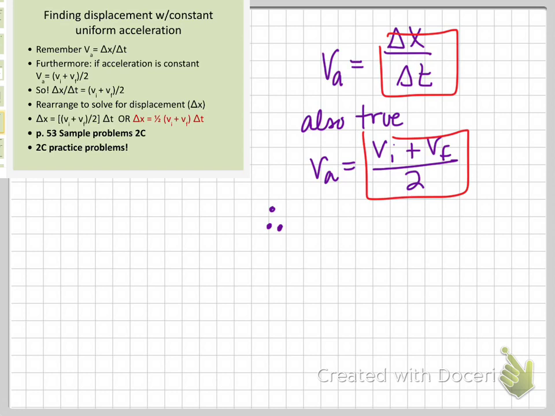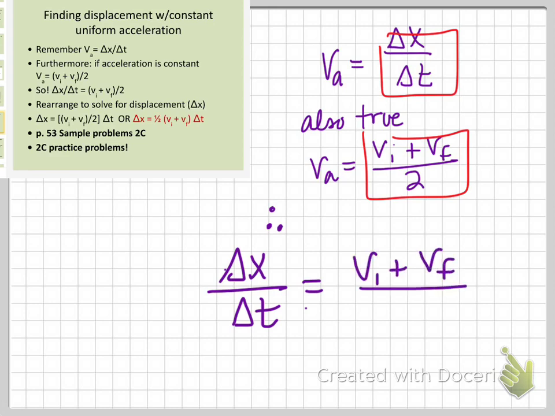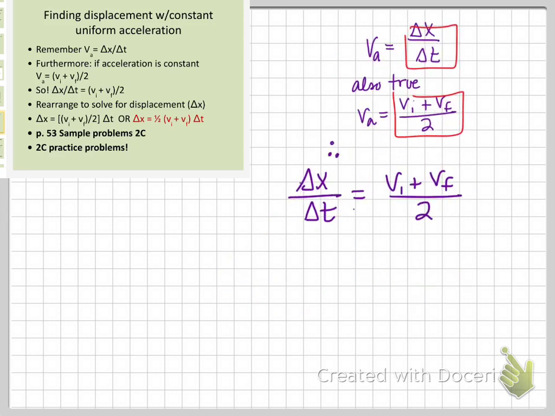We can also say that it is true that delta x over delta t equals (vi plus vf) over 2. So what we can then rearrange to do, the standard form of this I'll give you, we could rearrange this to solve for any of the factors in there. The standard form that you'll put on your note card, we typically do this.